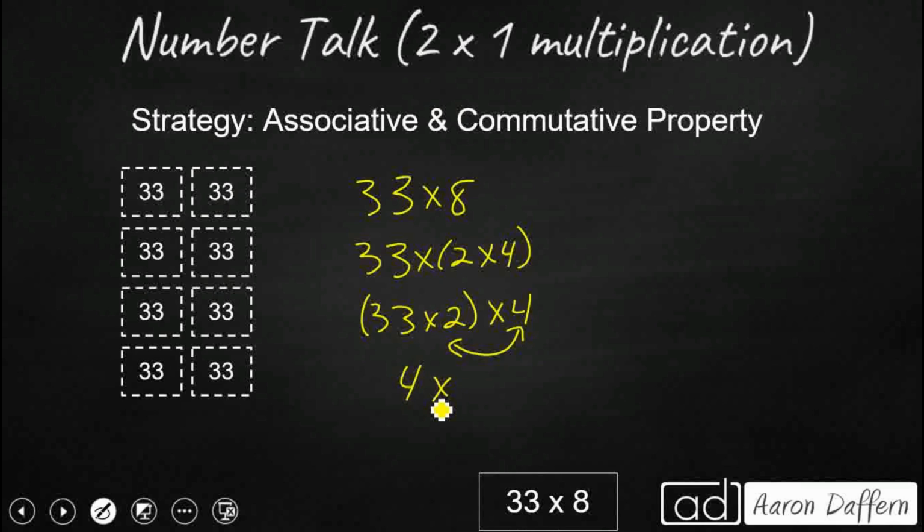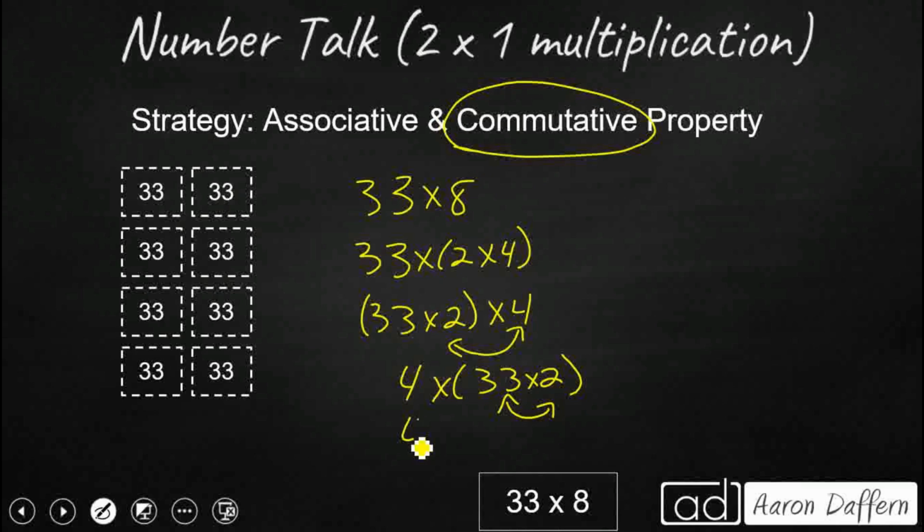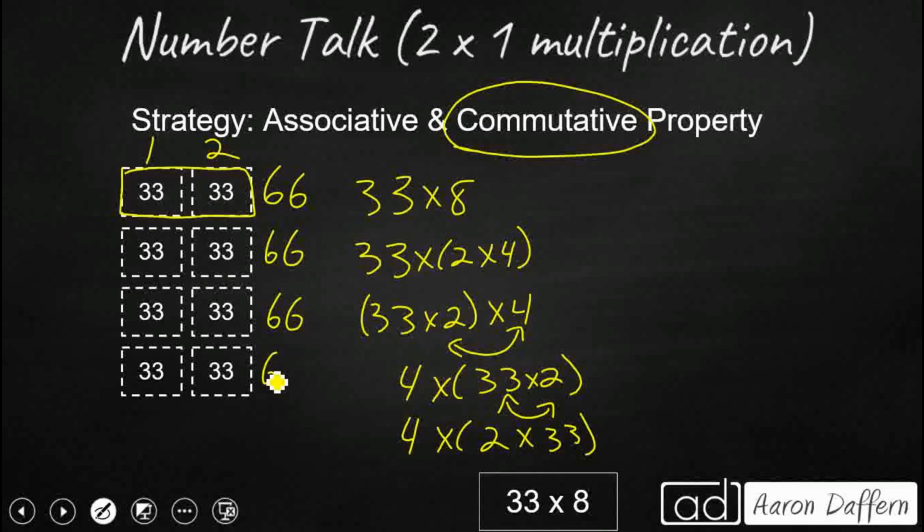I want 4 groups of 33 groups of 2. I really still don't feel like drawing 33 groups of 2, so I'm going to use my commutative property again. I can use it twice to switch it into what we see right here. 4 groups of 2 groups of 33. I've got 1, 2 columns, 2 groups of 33. So that's 66, 66, 66, 66, 4 times. And you know our answer is going to be 264.